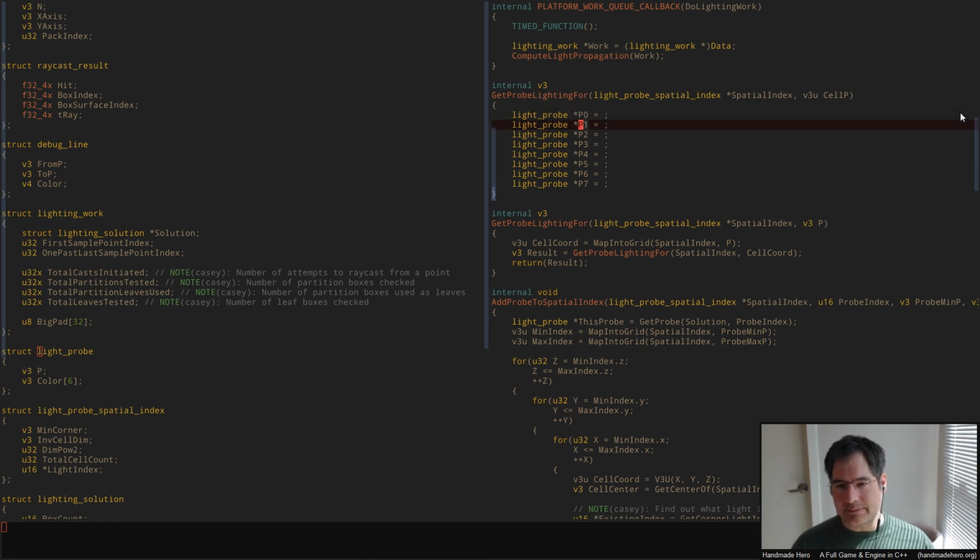So I need to get 8 probes, and then I need to blend their results together. And I'm not sure what the most efficient way to do that would be, but I think the answer is that you actually just want to produce the blended probe, because that's probably less work than doing the lighting for each probe and then blending the result.